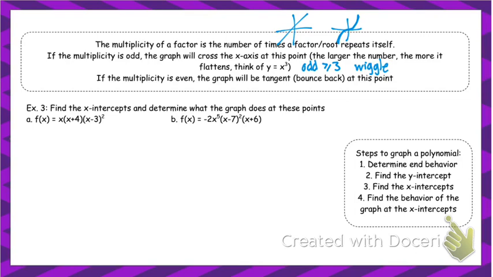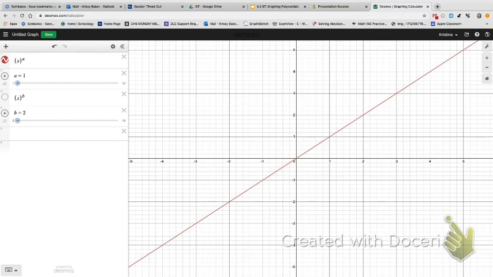To show you guys what that looks like, we're just going to look at a little Desmos thing. All right, so the graph in red is x raised to the something power. If x is raised to the first power, my 0 is 0. That's where it's crossing the x-axis. It crosses through because the exponent is 1.